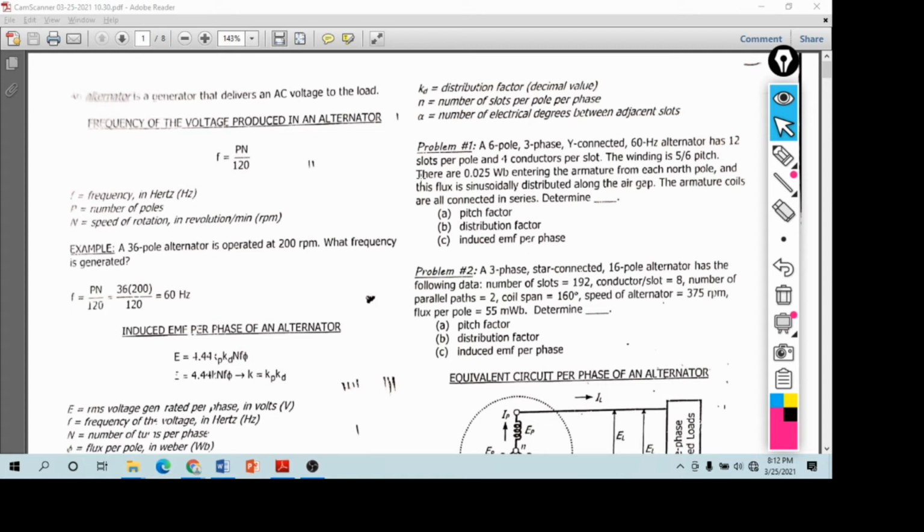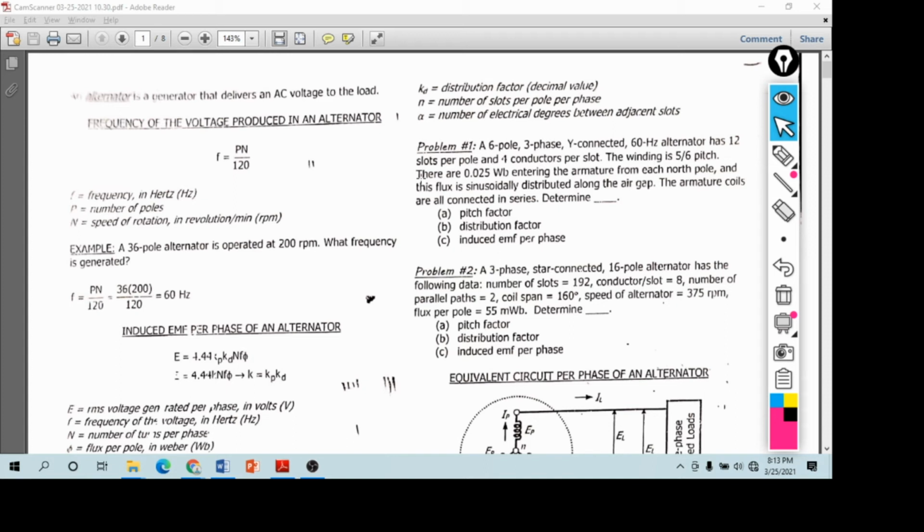Problem number 1. A 6-pole, 3-phase, Y-connected, 60 Hz alternator has 12 slots per pole and 4 conductors per slot.